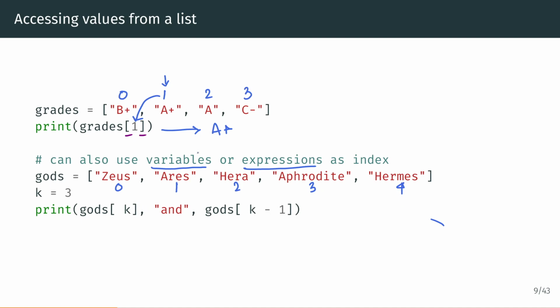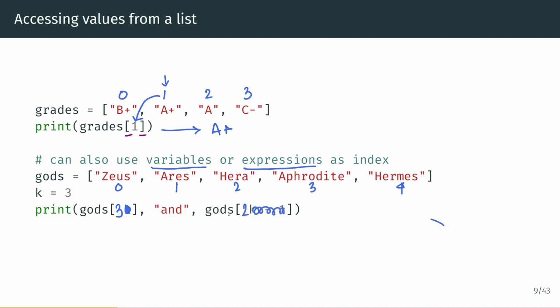Because we can use variables and expressions, when we say k equals 3 and print gods k, what happens is this k is replaced by the value which is 3. When you say gods k minus 1, again k minus 1 would be replaced by the value of this expression, which is 2.